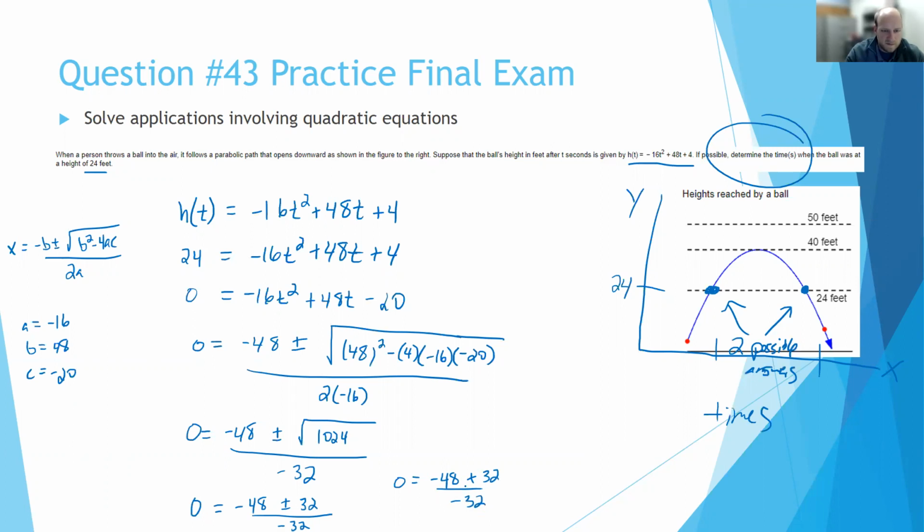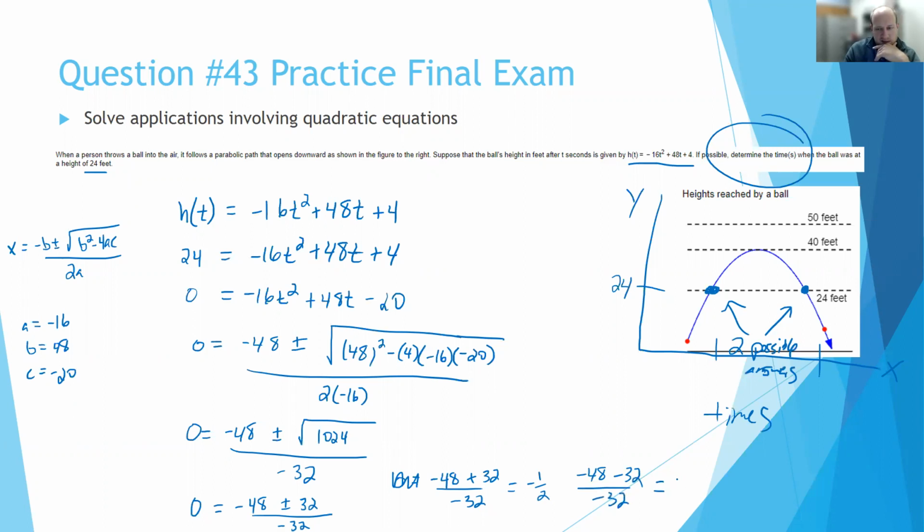Negative 48 plus 32 is negative 16. Negative 16 divided by negative 32 is equal to positive 1/2.